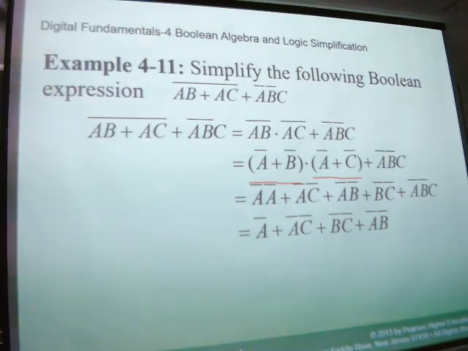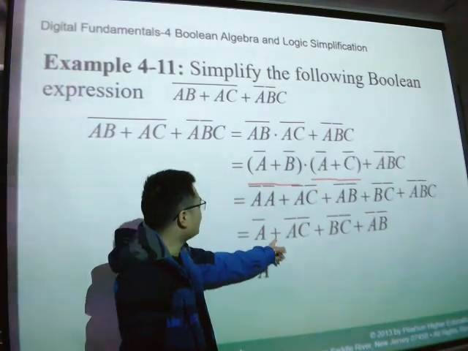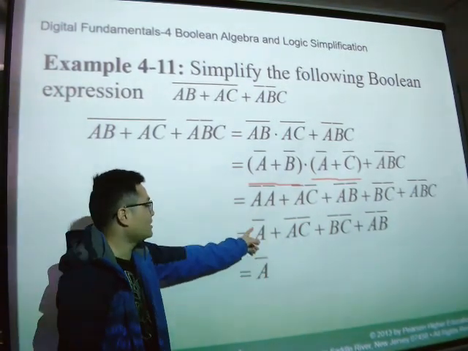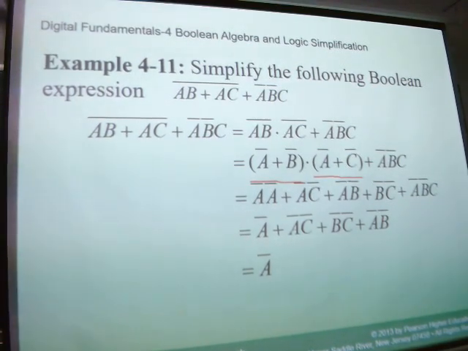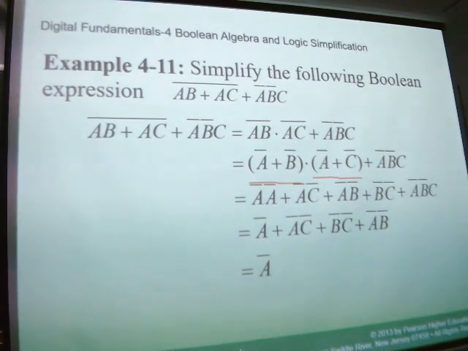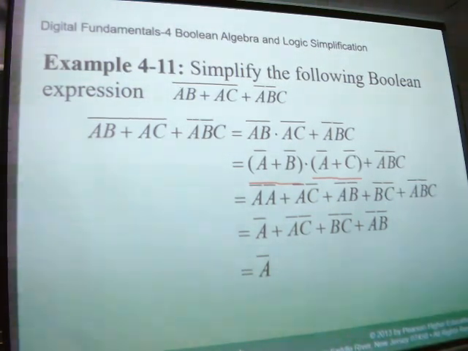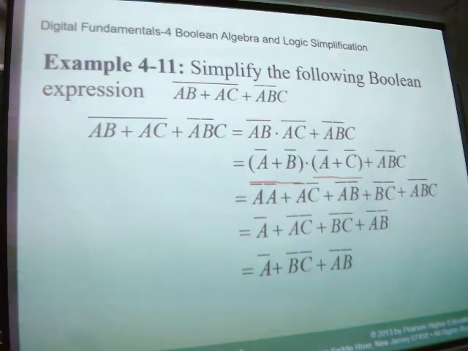And then A bar plus A bar C bar also equals A bar, right? Because A bar and 1 plus C bar equals A bar. So it equals A bar plus B bar C bar and AB.